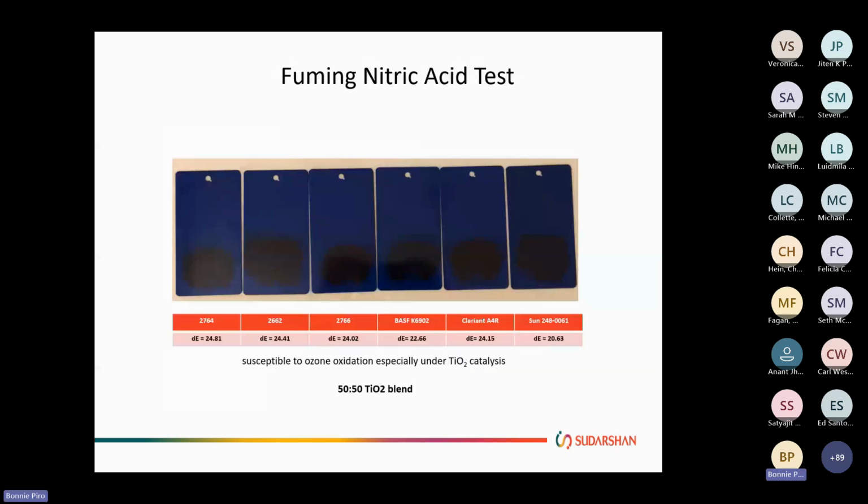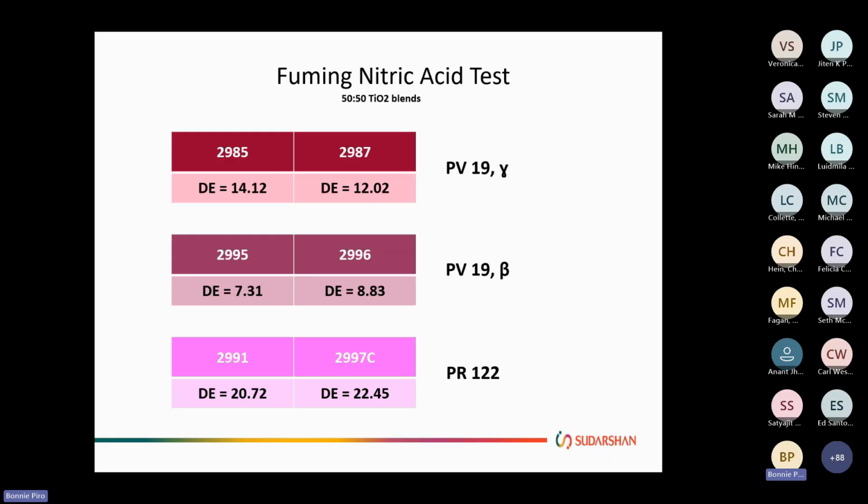From a quinacridone perspective, again, that polymorphism difference that we saw in the earlier slide with respect to powder coating technical attributes, we also see it here with the Violet 19 gamma having more of an impact with respect to this particular test than the beta. Pigment Red 122, both have a significant deficiency with respect to this particular test.